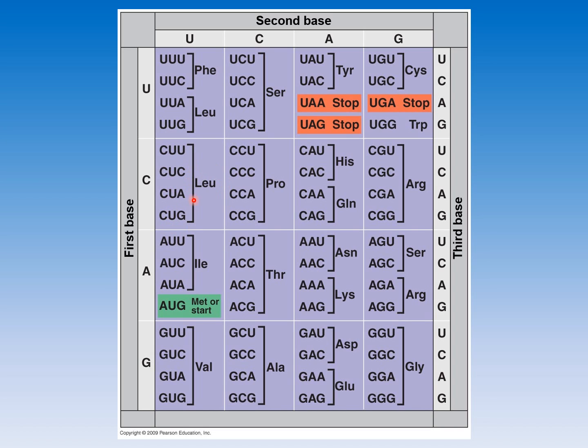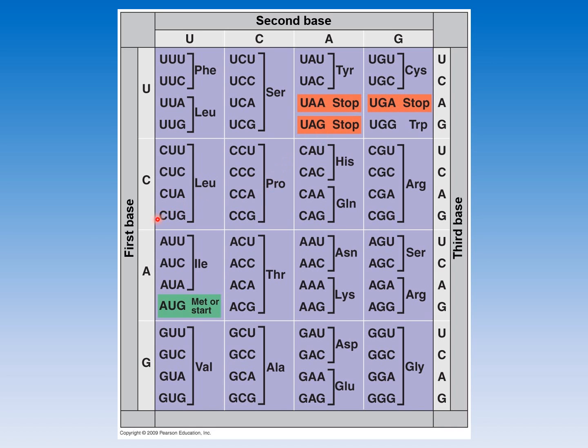You have several of them, and even continuing up here, there's actually 6 codons for leucine. That's because leucine is a very common amino acid. Serine, AGU, is for serine. Here is the start codon, and these are the stop codons, which do not code for any amino acid whatsoever.